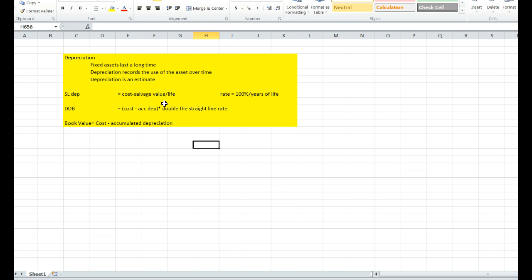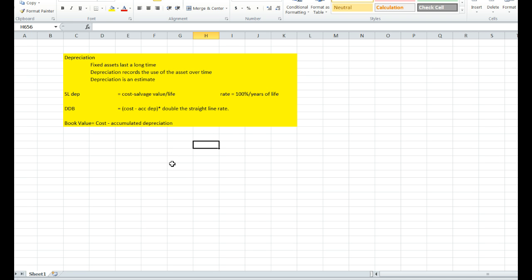That would be the straight line rate. We double it for double declining depreciation, so we're going to use 40%. 40% times 10,000 would be $4,000. Under straight line, 20% times 10 grand would be $2,000. So it's a big difference, right?